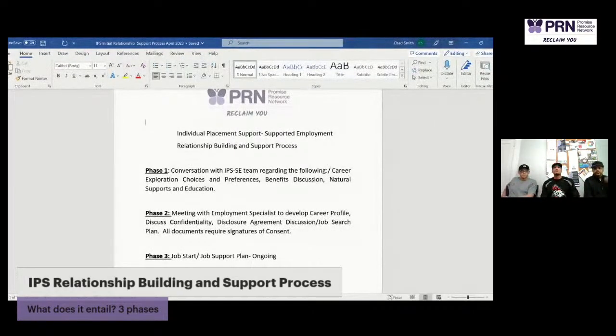What we have the pleasure of doing is talking about vocational rehabilitation services, and there's a component where we have a benefits reviewer. Here's a pamphlet.